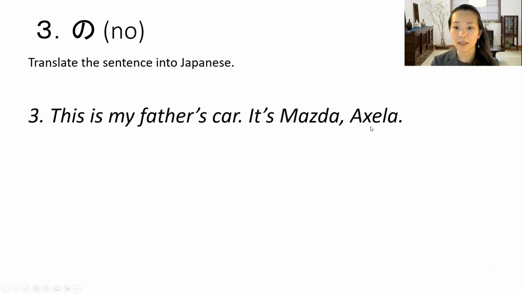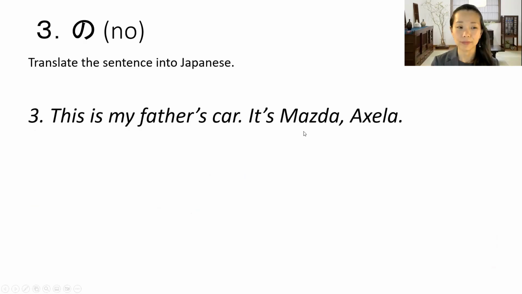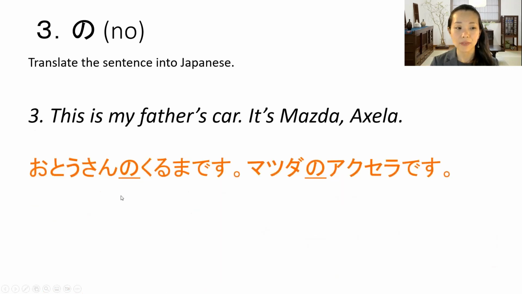Okay, the last one. This is my father's car. It's a Mazda Axela. Let's check the answer. You can say これは, well, we can drop it in this sentence. お父さん means father.